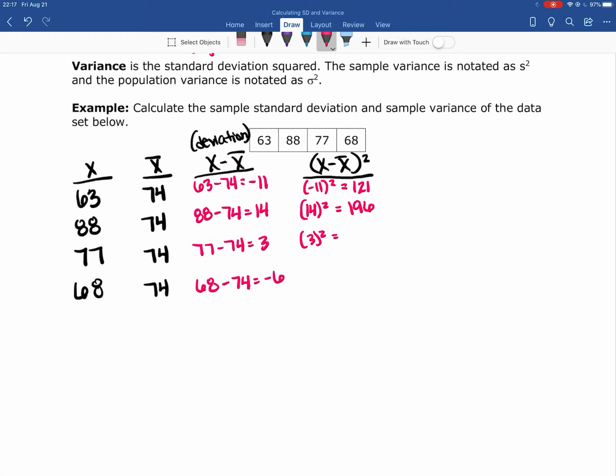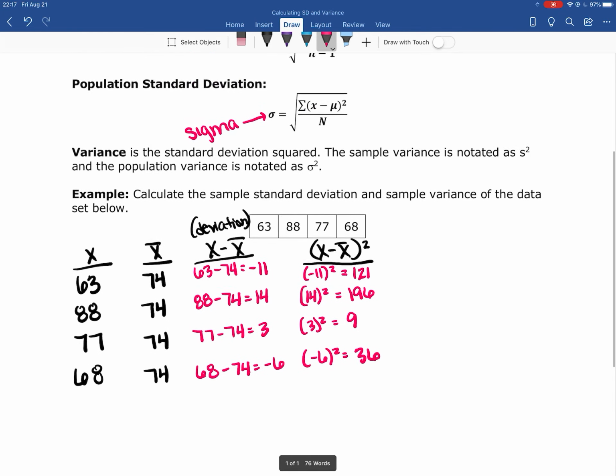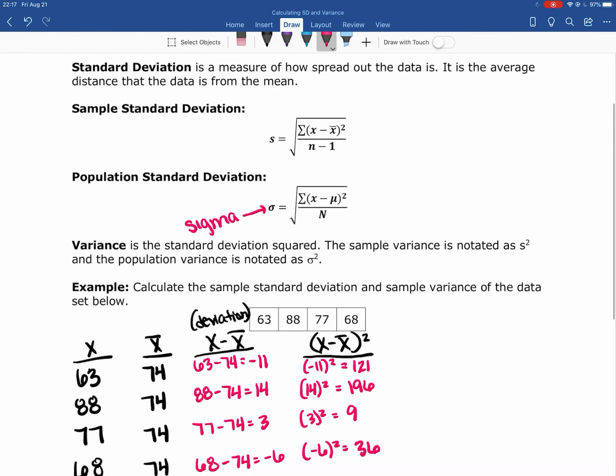So I'm going to square each of the answers that I got for the previous column. And that guy is positive 36. At this point, I have done this much of the formula. I have found x minus x bar squared.